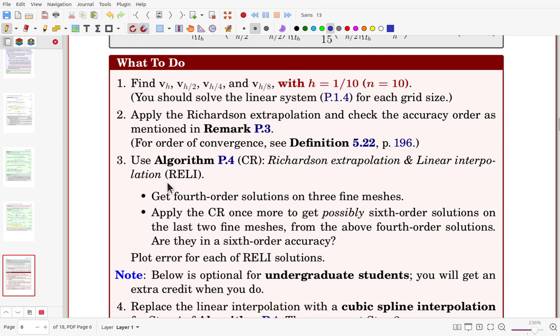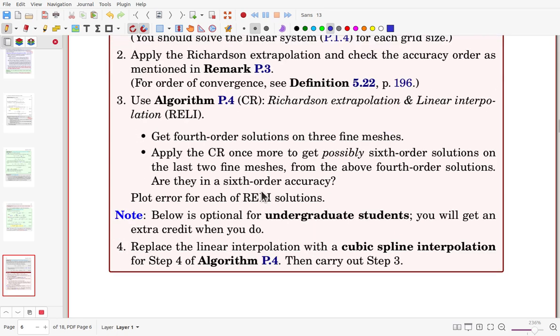Use the CL algorithm, Richardson extrapolation and linear interpolation. We'll say here RELI. Get a fourth order solution on the 3 finer meshes. Since there are 4 meshes, on the last 3 finer meshes you can get a fourth order solution using linear interpolation.